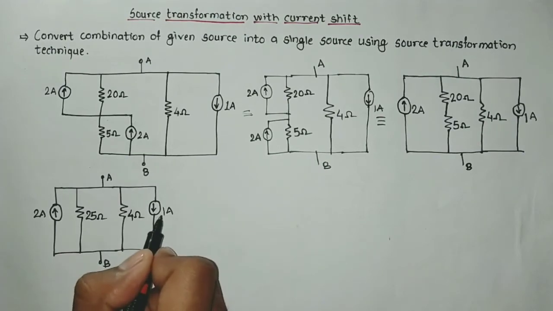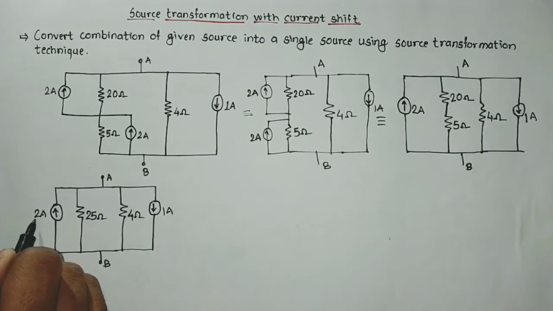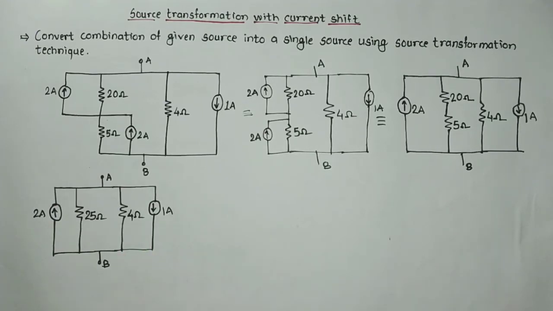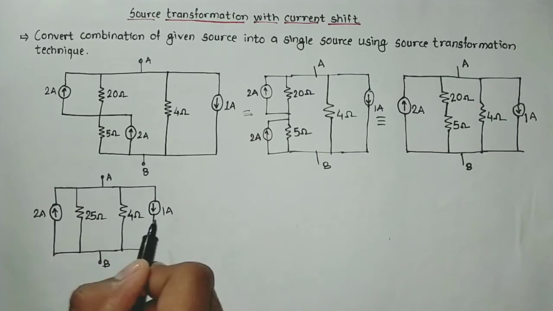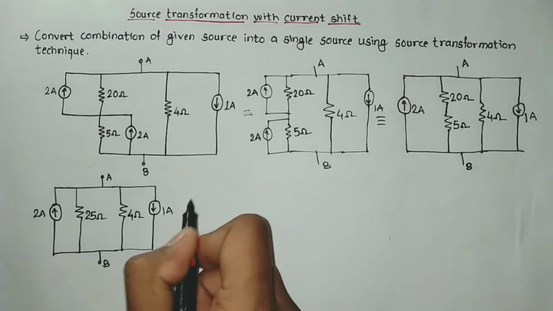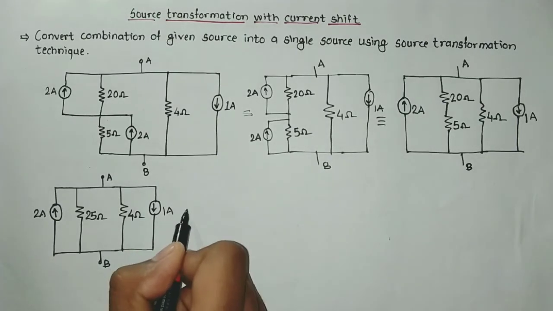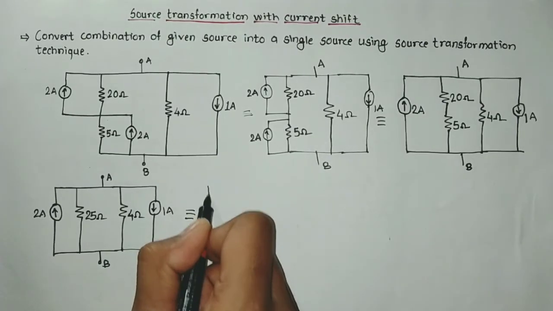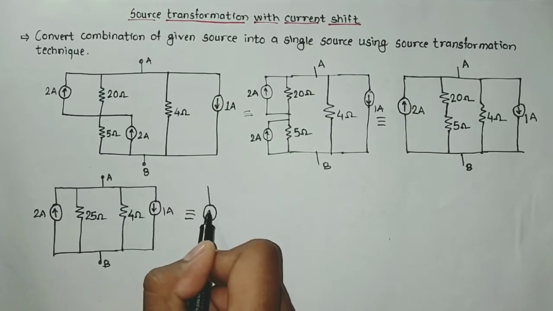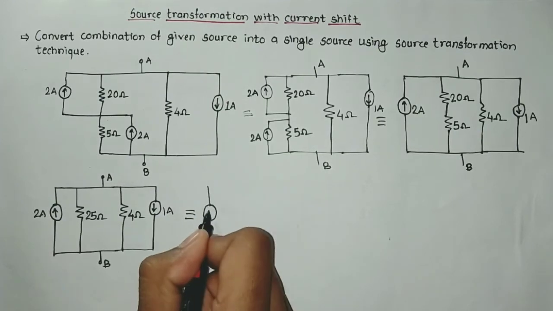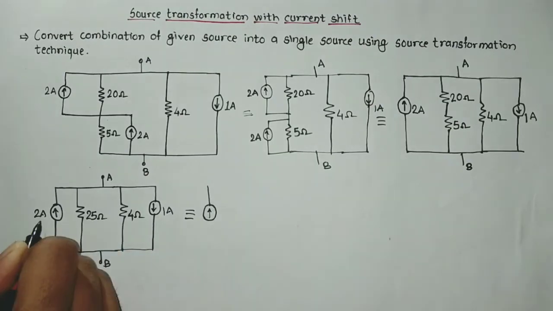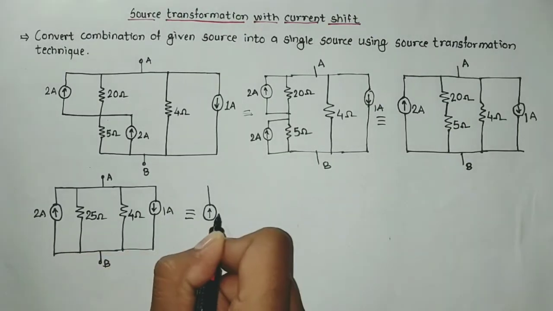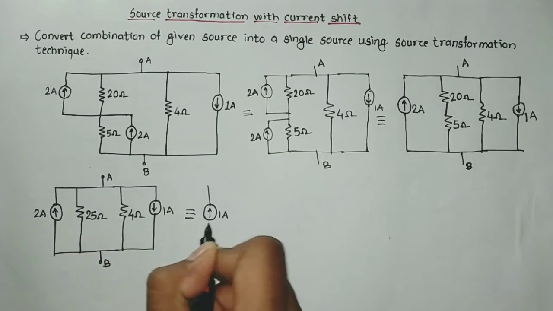Here you can see that this is a 2 ampere source and this is a 1 ampere source. So they can be added, but as the directions are opposite to each other, here the subtraction will be there, and therefore the equivalent circuit for this will be a 1 ampere source, because 2 ampere minus 1 ampere is equal to 1 ampere here.